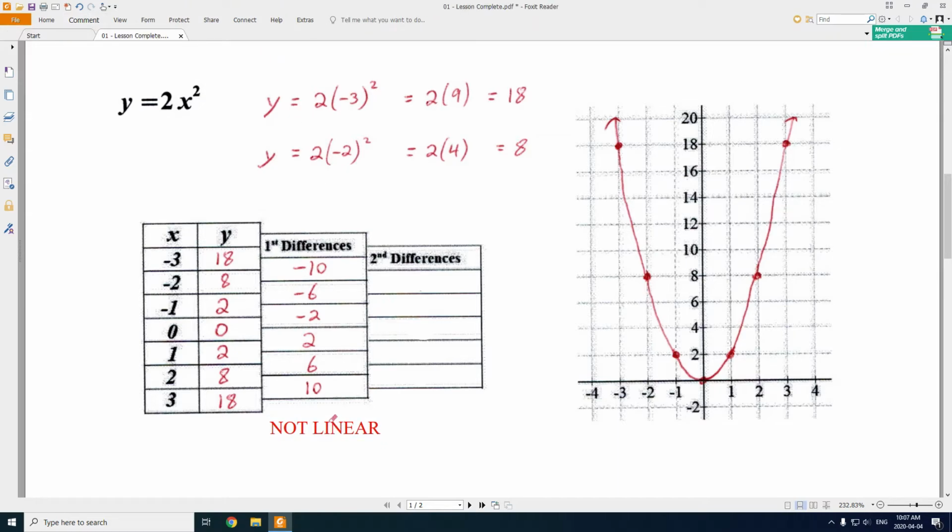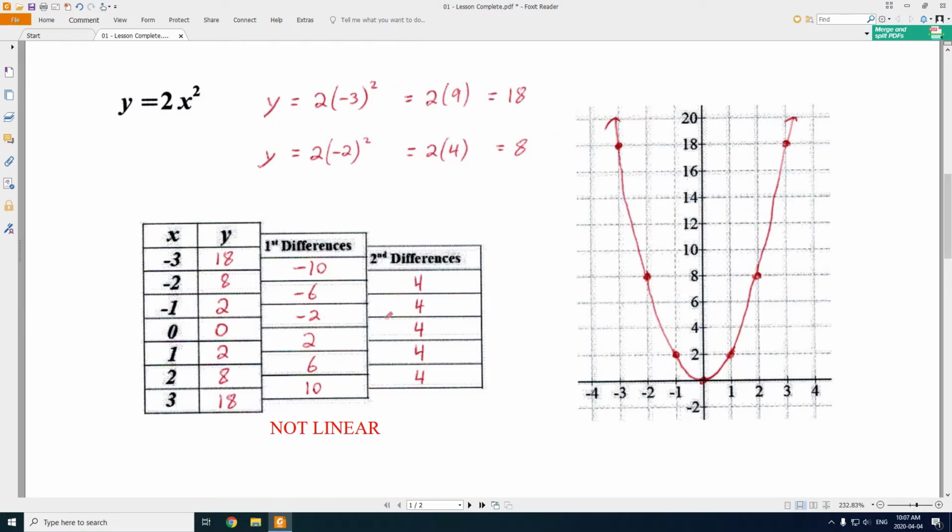Okay, next one. So then we keep going. If it was all the same, we would just stop and say, oh, it's linear. But it's not, so we need to keep going here. We'll do the same thing to get our second differences. 10 minus 6, 4. 6 minus 2. 2 minus negative 2, 2 plus 2. Careful with negatives here. Negative 2 minus negative 6, negative 2 plus 6. 4, 4.